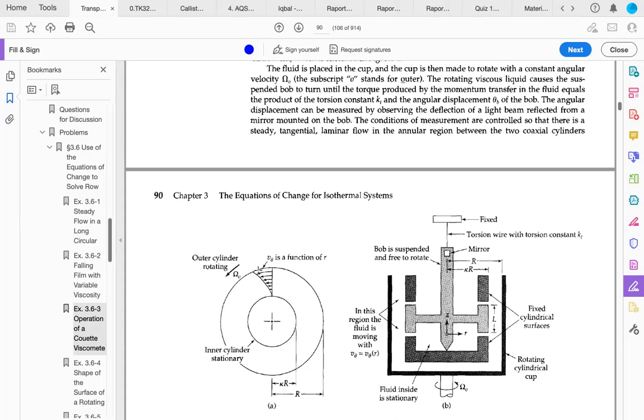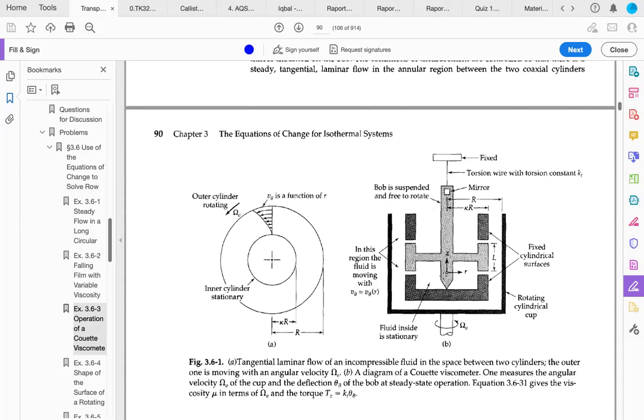Okay, this is the schematic of the equipment. There is a fixed part here, and then there is a cylinder that is rotating.